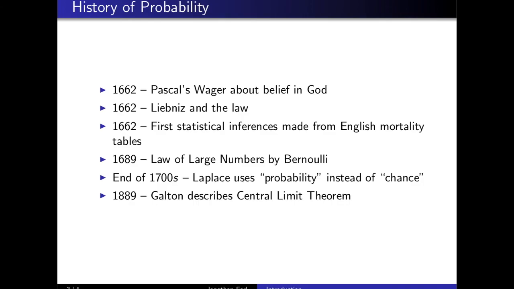Then around the end of the 1700s or so, the French mathematician Laplace substituted the word probability for chance. As I said at the beginning, probability has more of a connotation of order, chance more the connotation of disorder. On the matter of chance, there's a relevant quotation from another French mathematician, Abraham de Moivre.